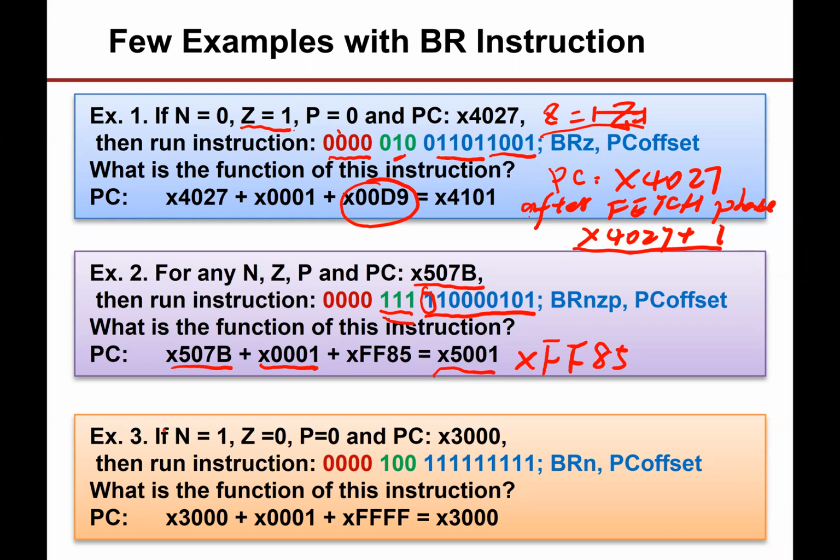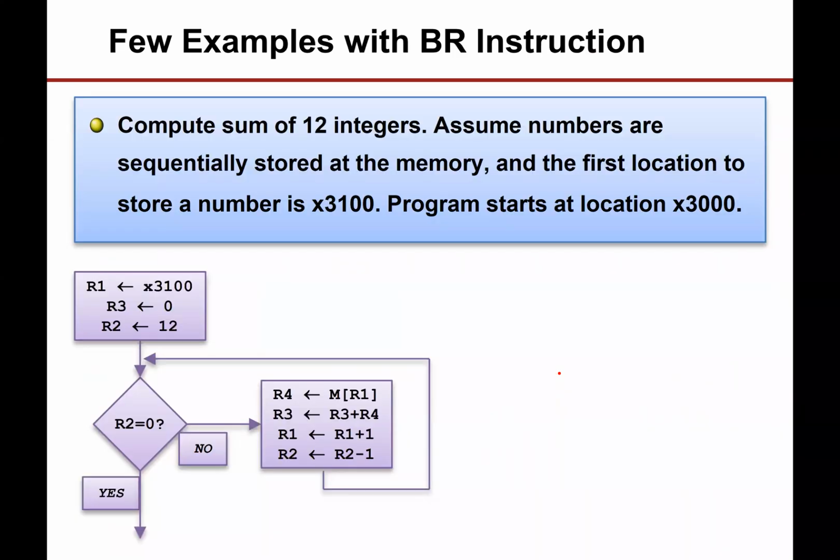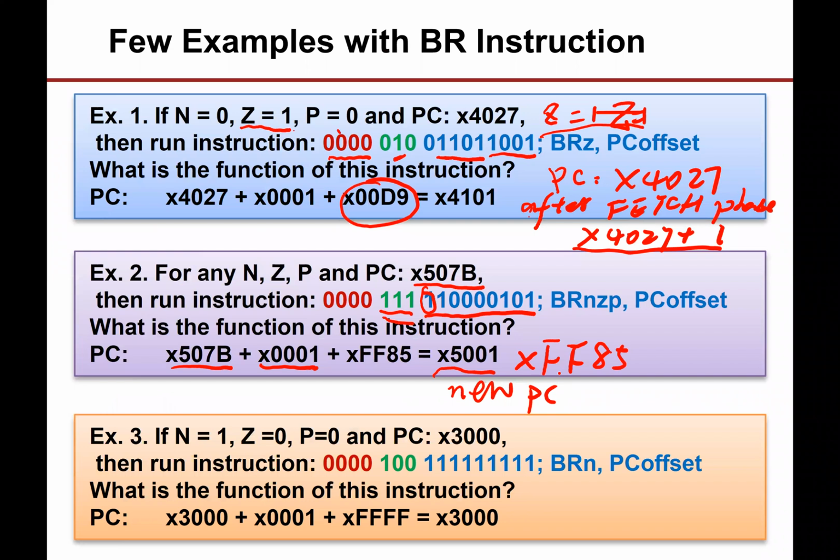Yeah, the PC is the new PC here. This one is the new PC. It will unconditionally go to this new PC. So for this instruction, in the next question, you will see here, sometimes we need to do the unconditional.